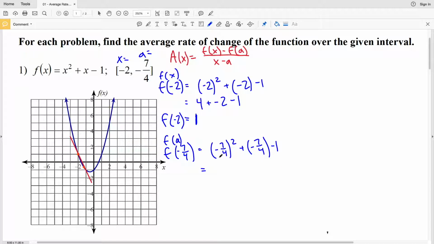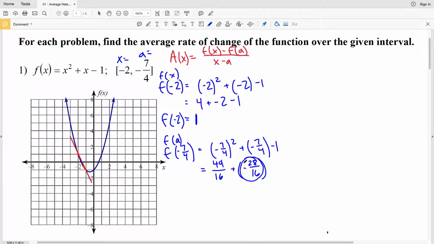And when we square -7/4, we will get +49 over 16 because we're squaring the numerator and the denominator. So that's going to be 49 over 16, and we're adding that to -7/4. As opposed to adding -7/4, we'll multiply both the top and bottom by 4 so that we have a denominator of 16. So we're going to be adding that to -28 over 16.